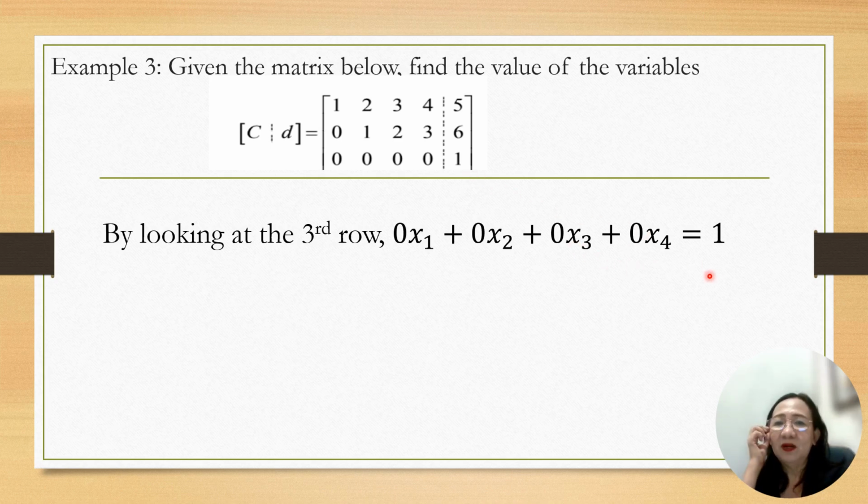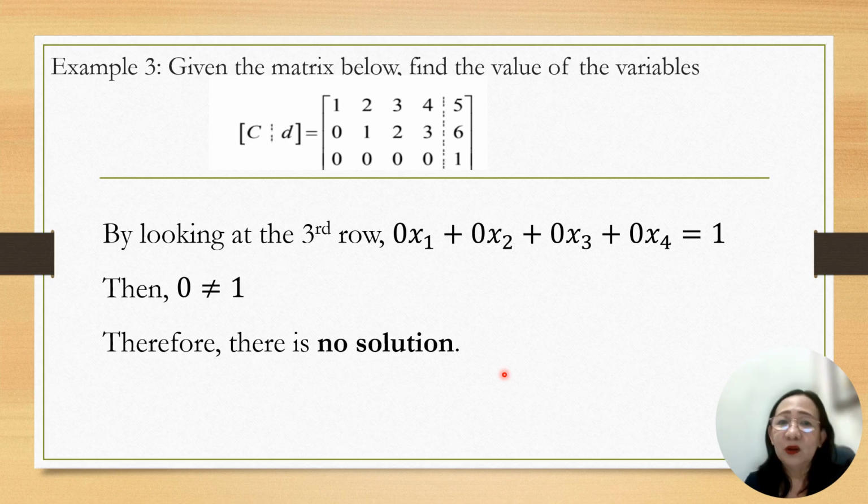So that is our constant. So meaning to say, all the variables are eliminated. 0 is not equal to 1. So what does it indicate? Therefore, we can say that there is no solution.